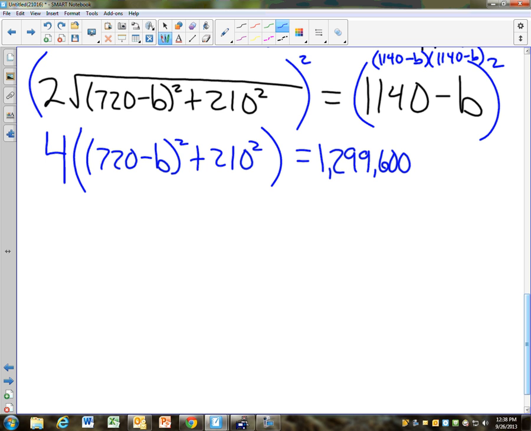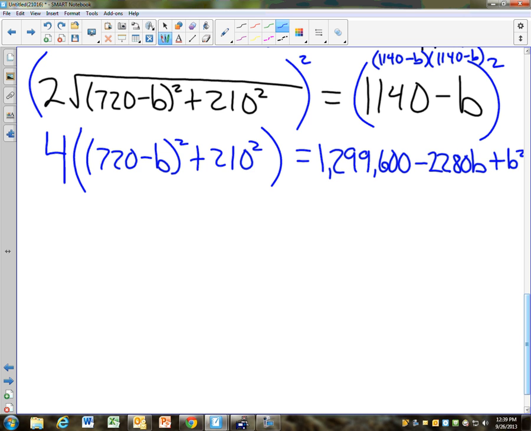So when you take 1140 times 1140, you get that 1 million number. Then you have 1140 times negative b and negative b times 1140. What's that going to give you? Very good. Negative 2,280b. And then negative b times negative b is b squared.